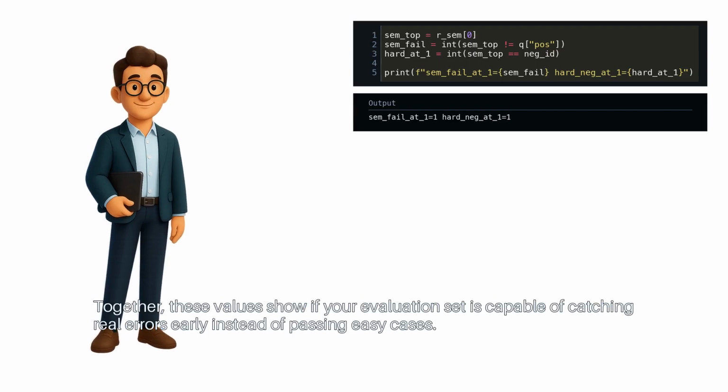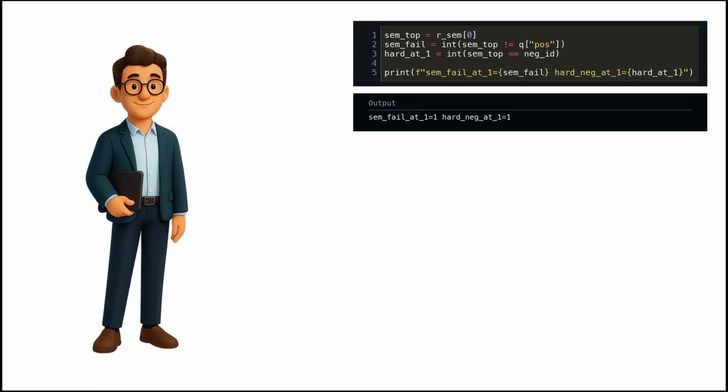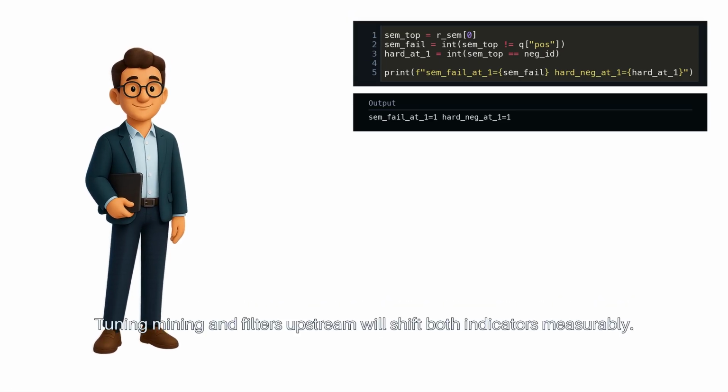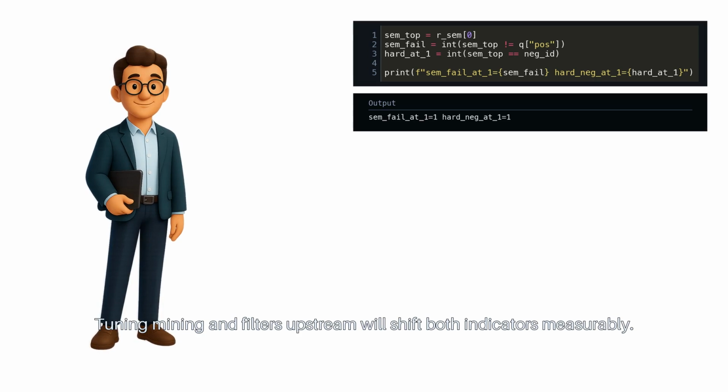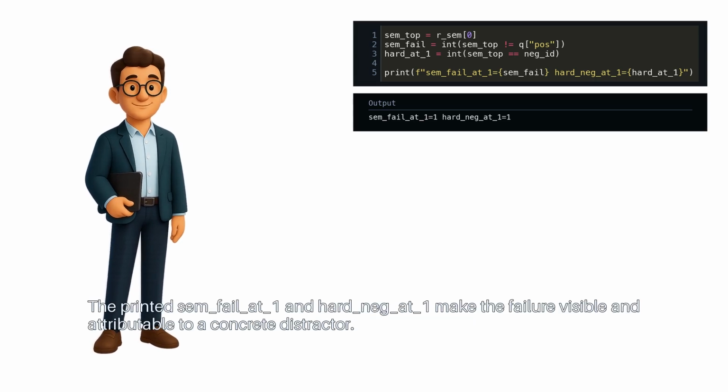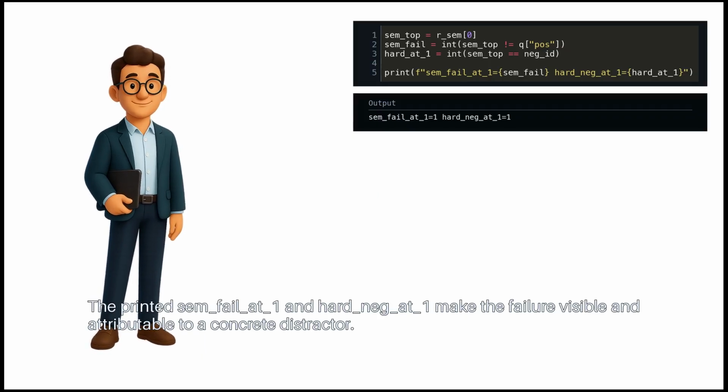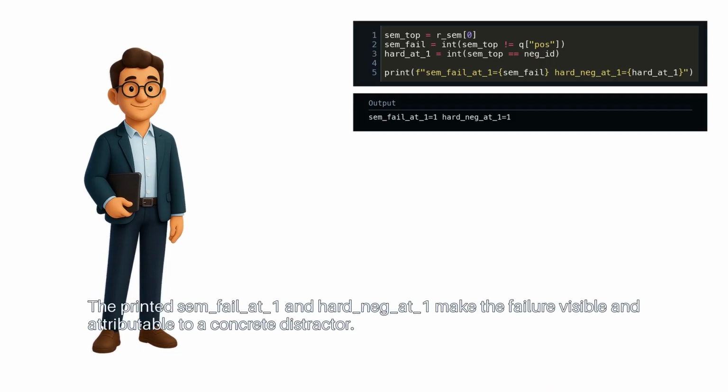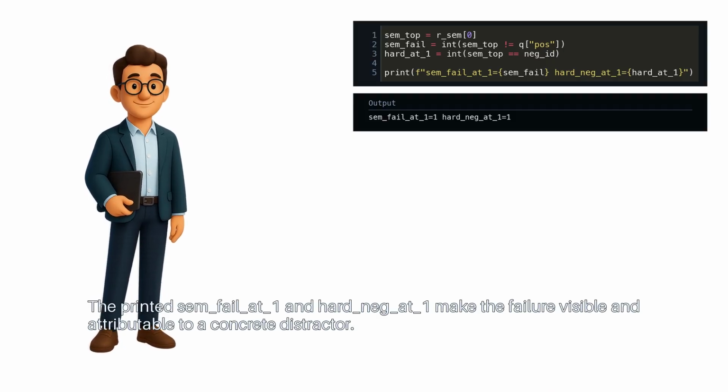Together, these values show if your evaluation set is capable of catching real errors early instead of passing easy cases. Tuning, mining, and filters upstream will shift both indicators measurably. The printed semfail at 1 and hard neg at 1 make the failure visible and attributable to a concrete distractor.